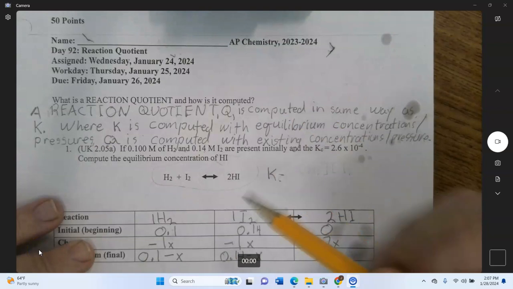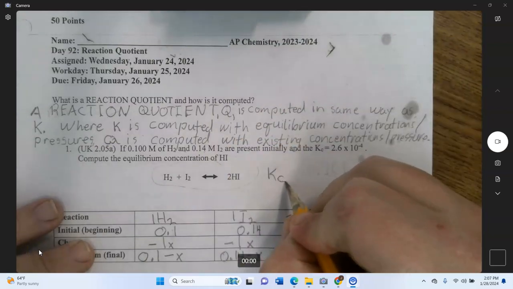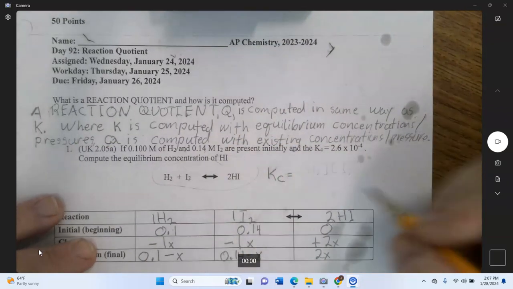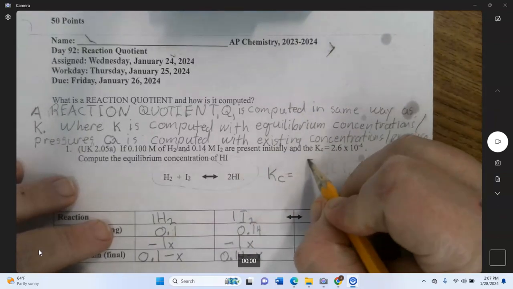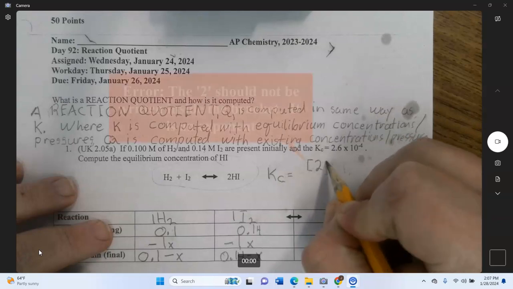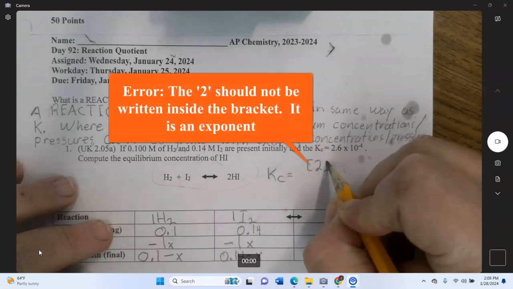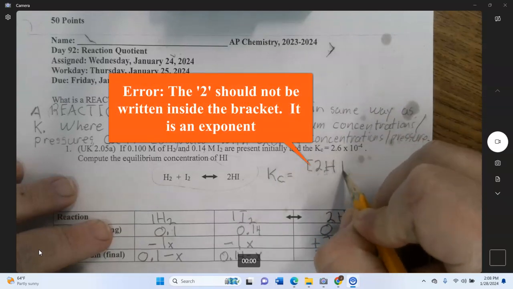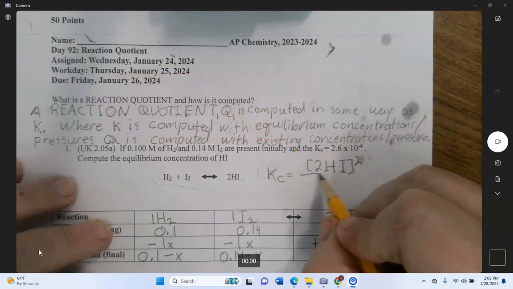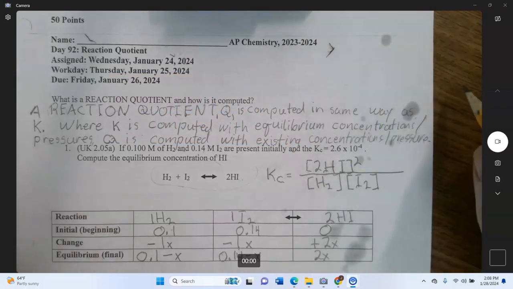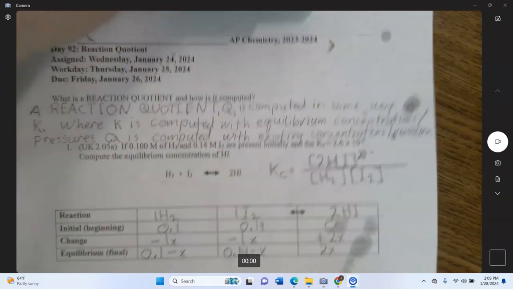We're going to start off by writing the law of mass action here. Do it in terms of the chemical reaction. Don't just go straight to numbers. So it's the product over the reactants, there it is. Now you can plug in your algebraic equations.